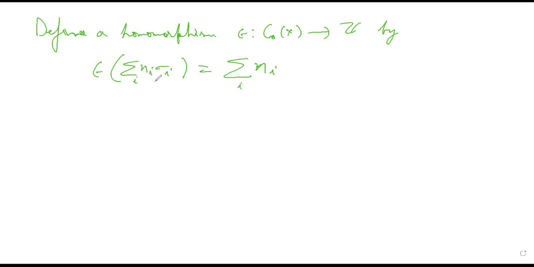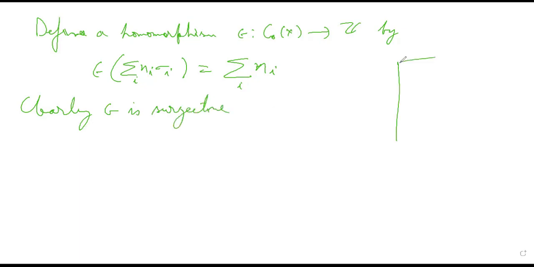This is a finite sum, right? So obviously these ni's are what? Ni's are integers. So this finite sum of integers is again an integer, right? So yeah, this is well defined, and so clearly epsilon is surjective.